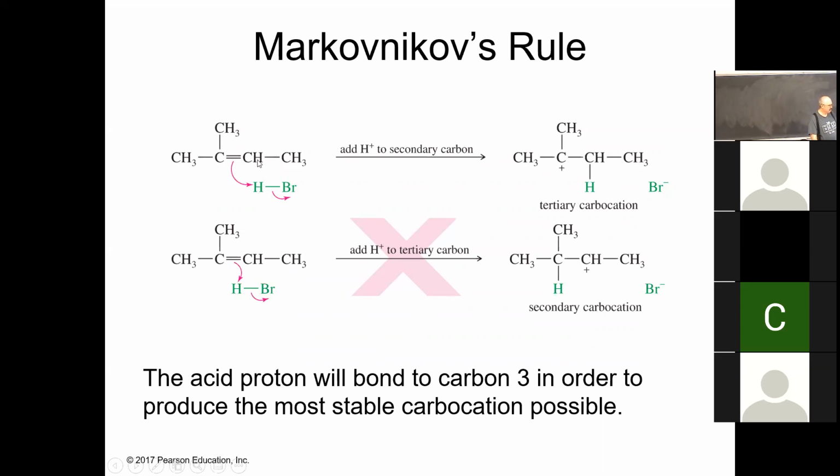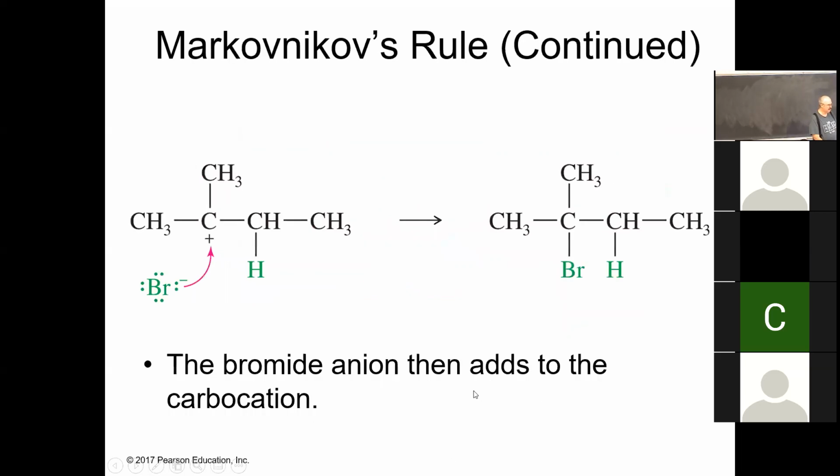So the hydrogen will go to carbon 3, which gives us a tertiary carbocation, which is more stable than a secondary. So this carbocation is not formed, and so this will then go on to product. Bromide will attack the carbocation, as shown here. So this is the product we'll get.